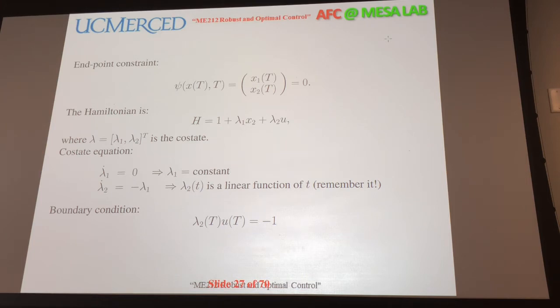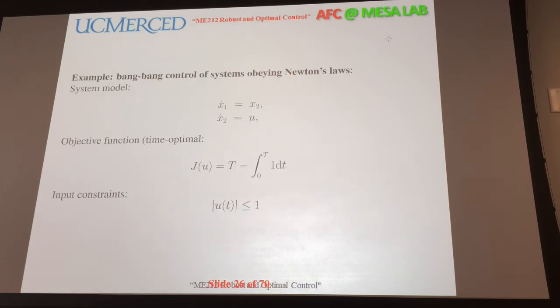So in this case, I have a Hamiltonian defined by this, and costate: you have x1, x2, then you have lambda 1, lambda 2. So can we clarify the problem? The physical problem is we have a mass, and we have a force U that we are applying to it.